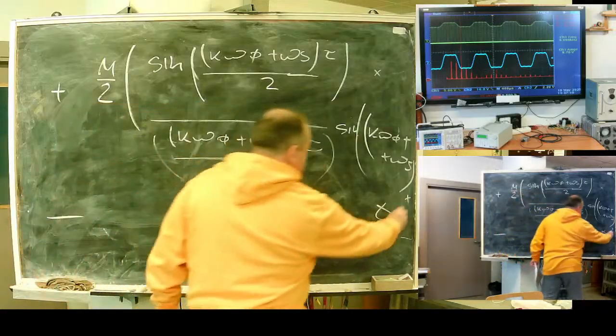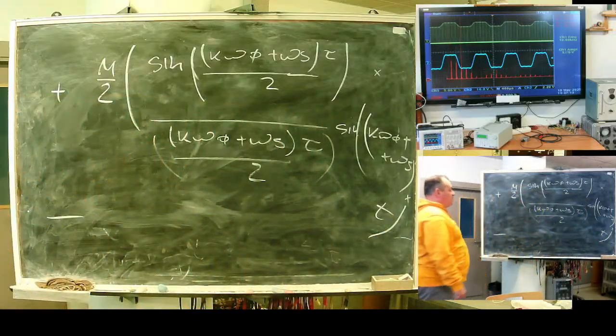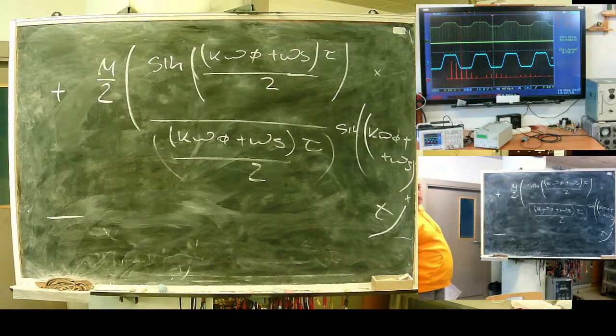Yeah, it's for sine. It's k omega 0 plus omega s in parentheses multiplied by time. And one more.